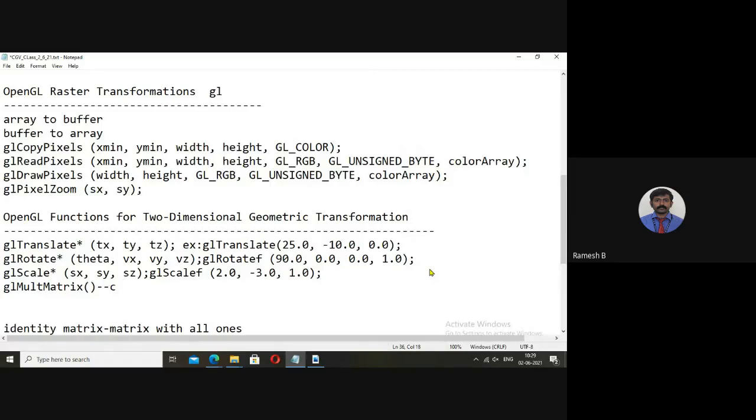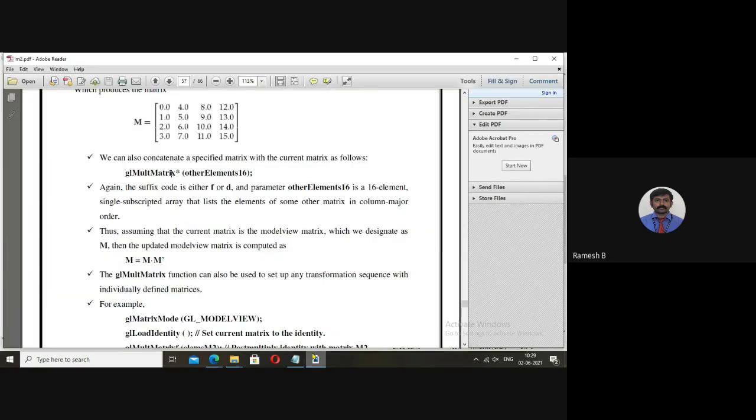Here concatenates means multiplying. If you give two matrices m1 comma m2, those two will be multiplied. That means they are concatenated. That is done by using GL mult matrix.